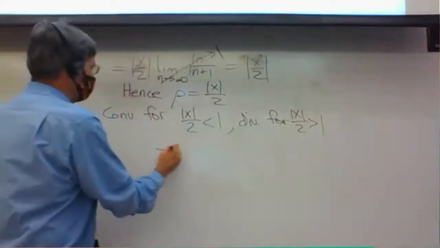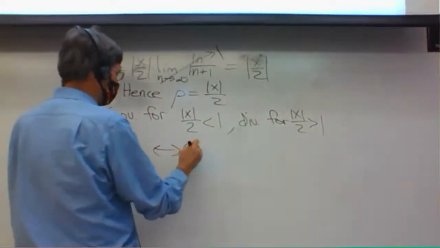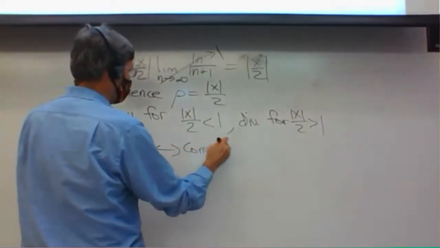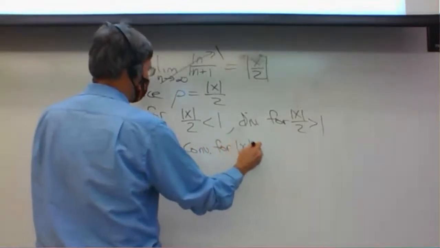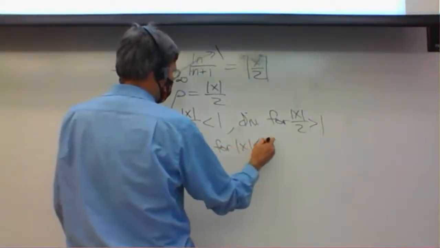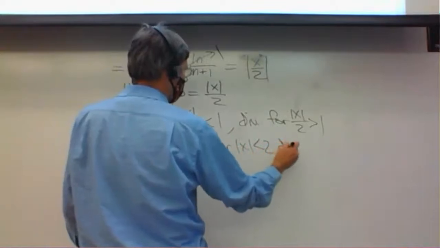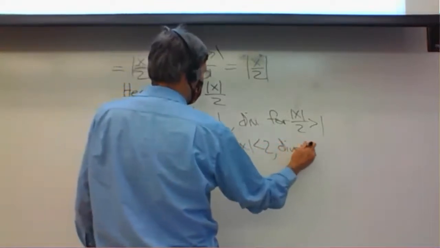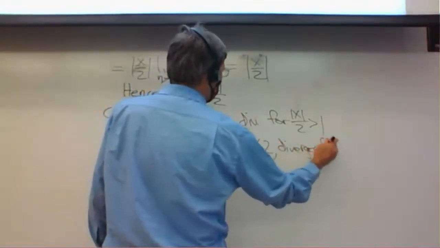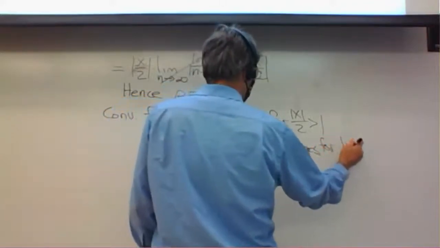Right? And then you rewrite that by multiplying by 2. You get convergence for absolute value of x less than 2, divergence for absolute value of x greater than 2.